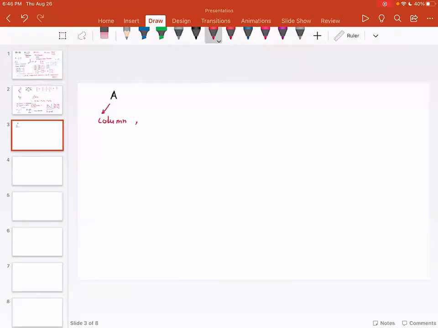I'm interested in knowing something called the row space. I'm interested in finding out the null space which is associated with the column space, and I'm interested in finding out the null space corresponding to the row space. Those are the most important fundamental subspaces.